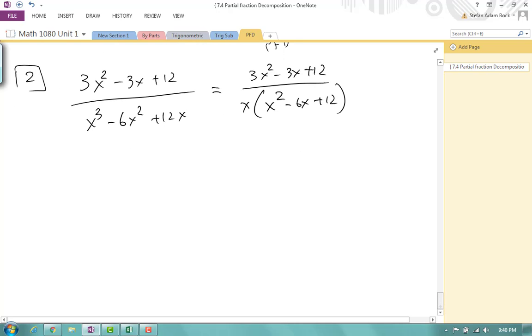So I'll do this final decomposition just so that we can see what the end results are going to look like if we try to integrate this function.